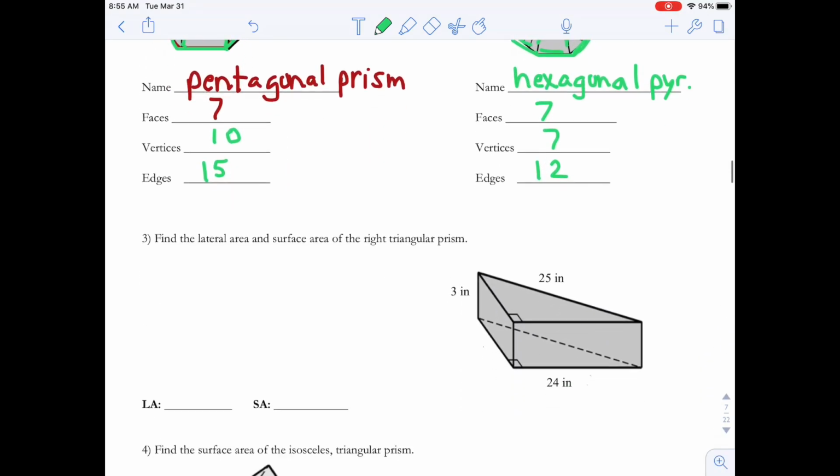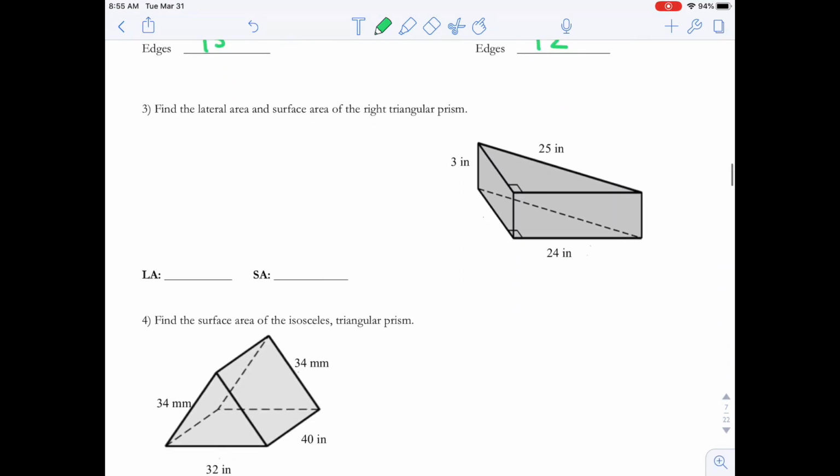All right, now we're going to do a little bit of finding some surface area of some different shapes here. Okay, so we have our first shape here. We have our 2 bases, a triangle bases, so it's a triangular prism. So we're going to start by trying to find our lateral area and our surface area. Okay, so lateral area, we're finding this here.